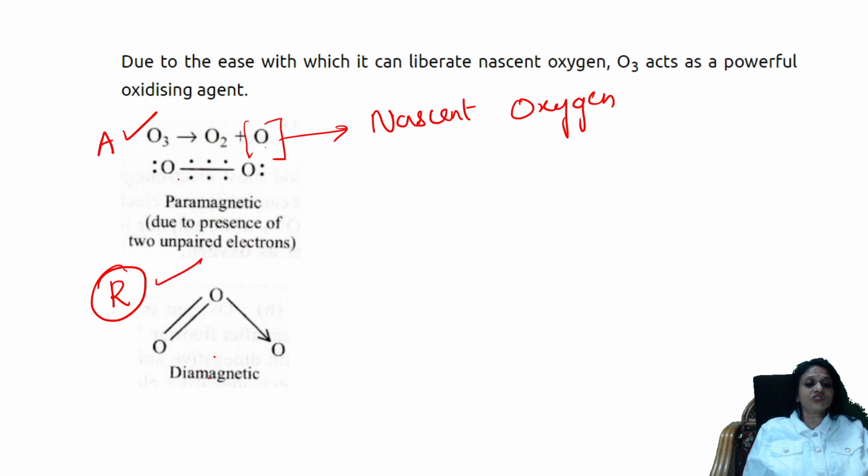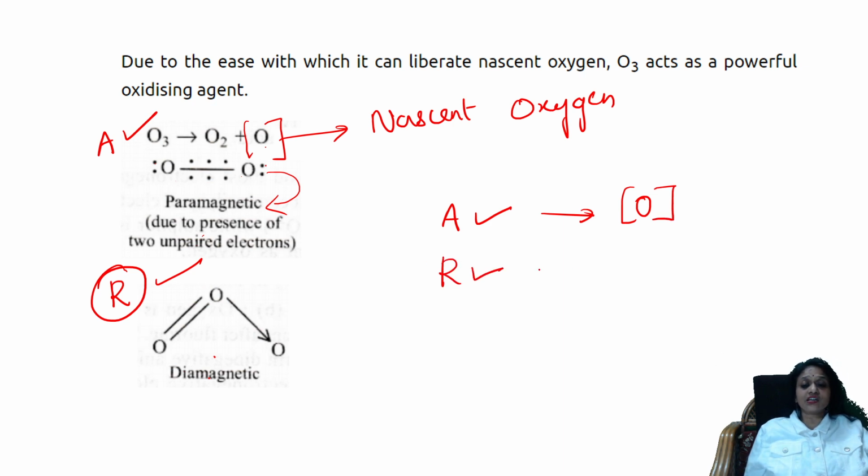Then they said the oxygen molecule is paramagnetic. Yes, see here. In the case of oxygen, there are unpaired electrons. This one is unpaired. That's why it is paramagnetic. So the assertion is right because it is a powerful oxidizing agent due to nascent oxygen.